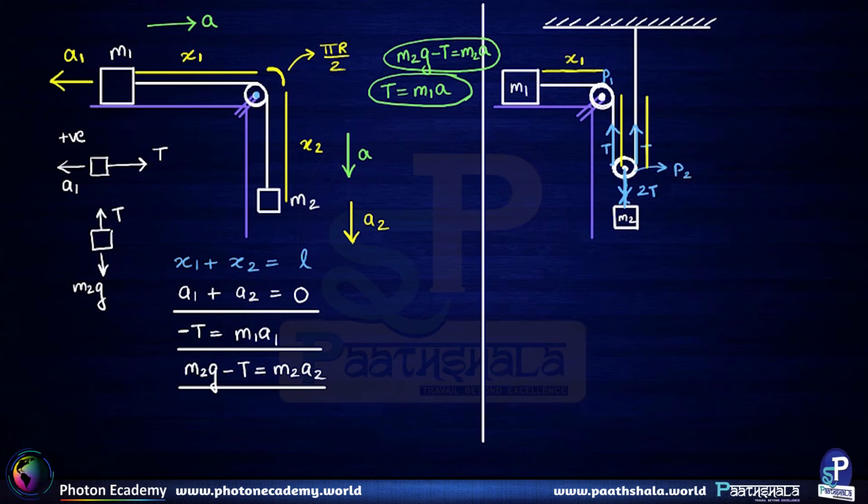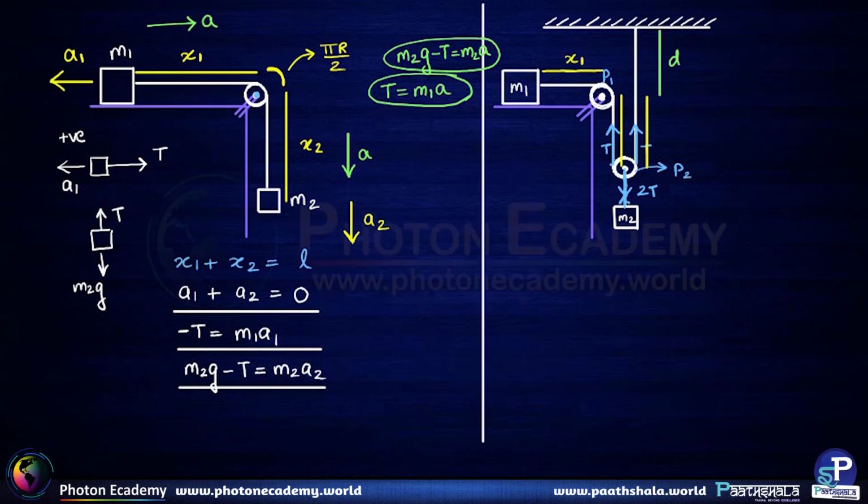Very interesting fact over here, that the distance from the ceiling to the center of pulley P1, let me write down that distance as d. This distance d happens to be a constant value. This distance d is not changing, only the x2 part of the string is changing. This is very important intuitive understanding.